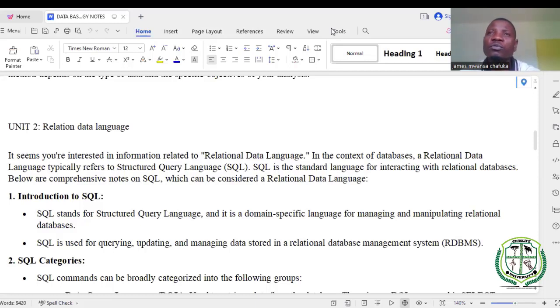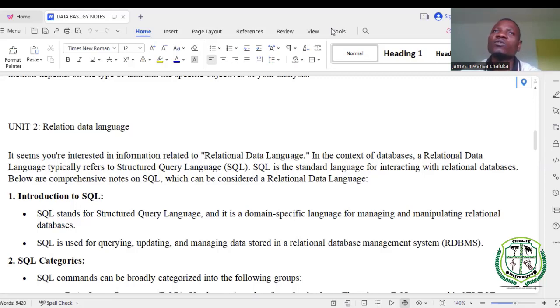In the context of database, a relational data language typically refers to structured query language, SQL. SQL is the standard language of interacting with the database.